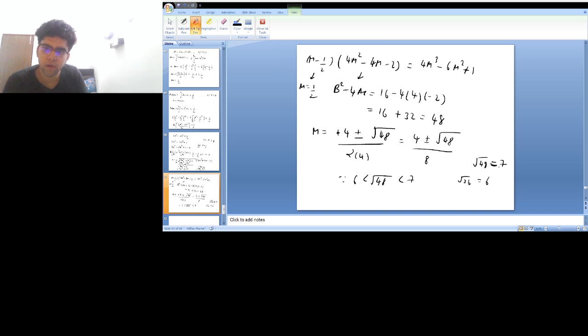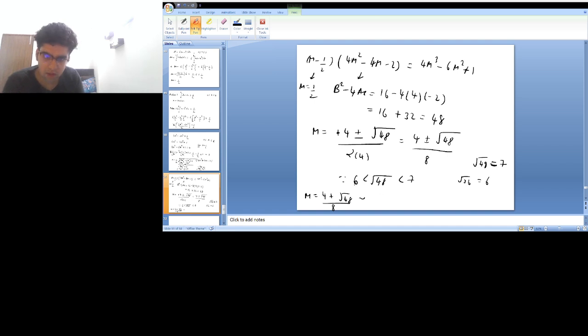So clearly, if I take the root as 4 plus root 48 by 8, this gives me some value greater than 8 in the numerator, right?